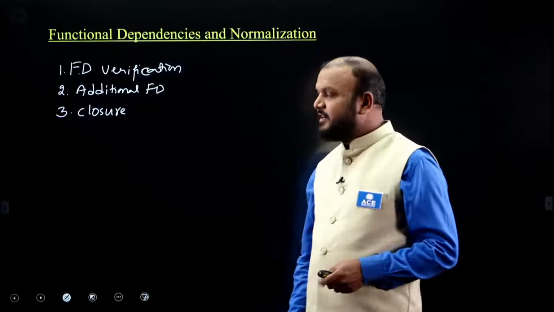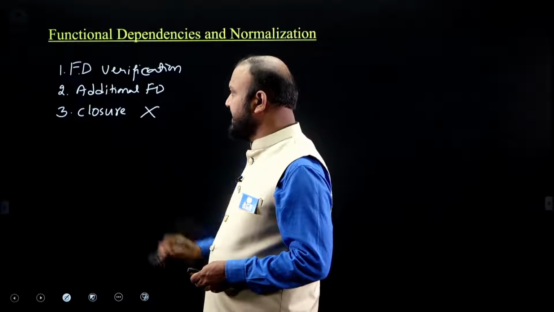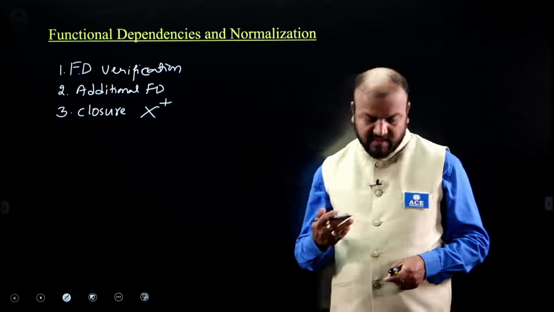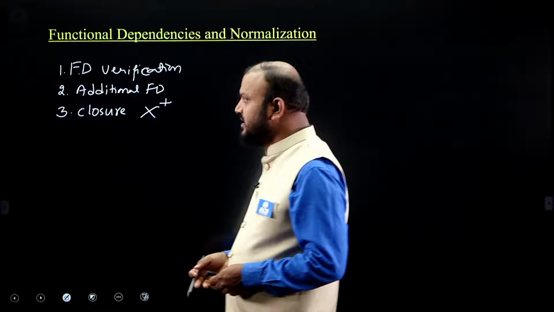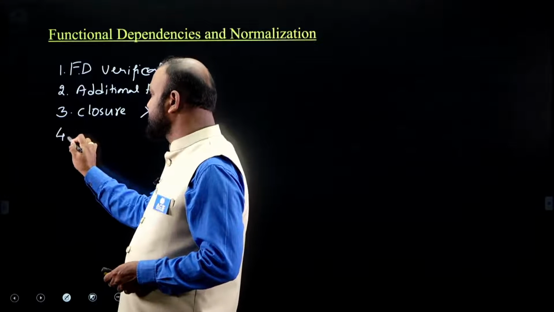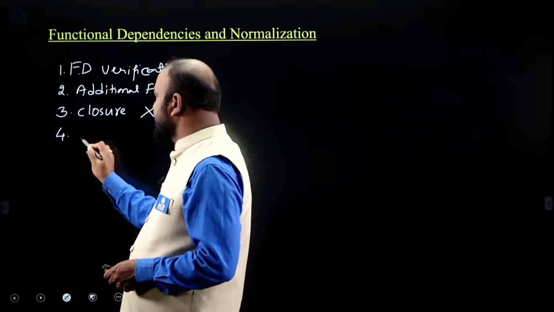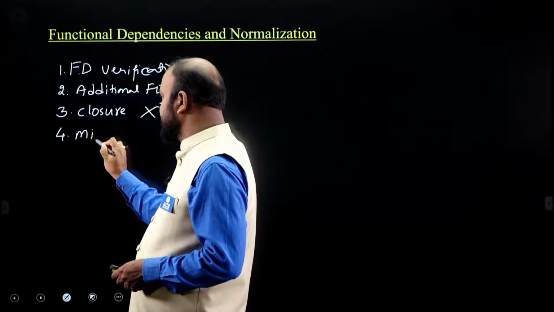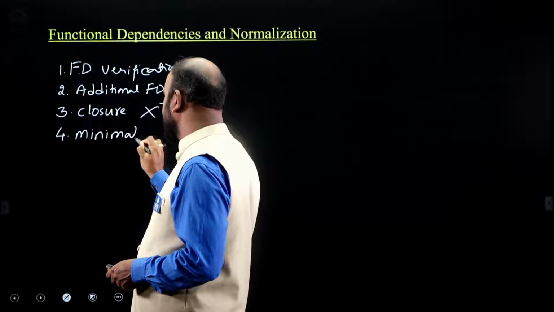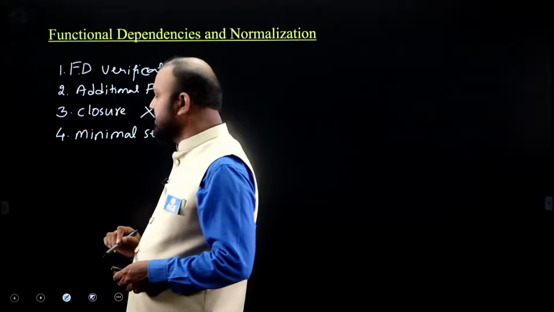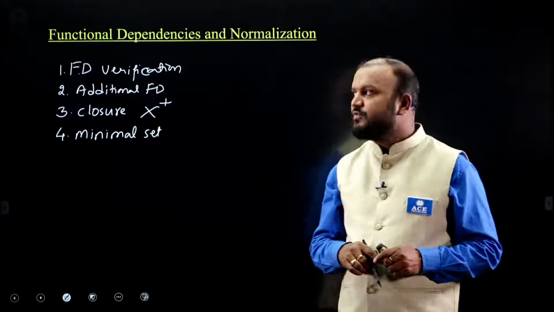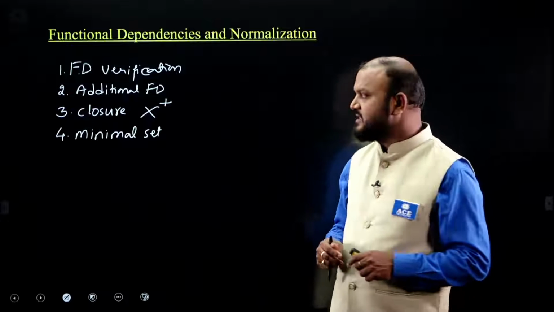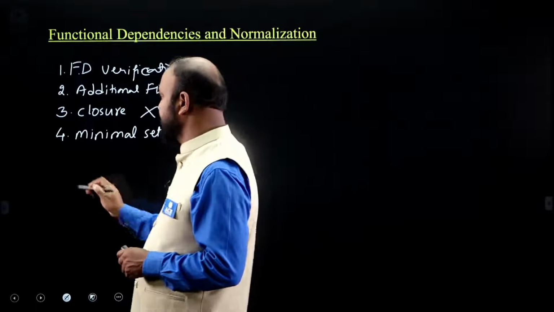Some set of attributes is given, let us say X, and they ask for the closure of X, like which of the following is the correct closure. Next topic, questions on minimal set. They will give some set of dependencies and ask you to find which functional dependencies are the minimal set of the given set. That is the minimal set of functional dependencies.